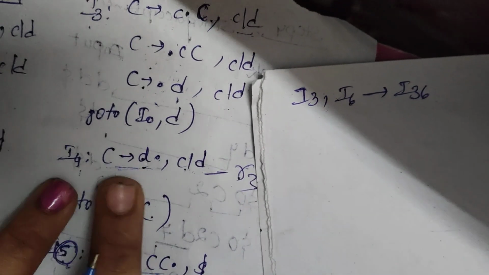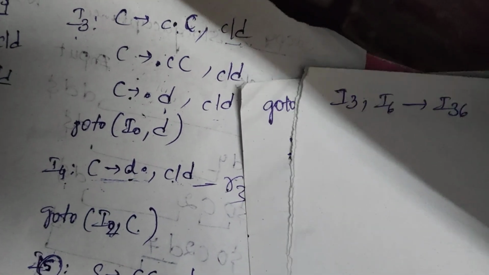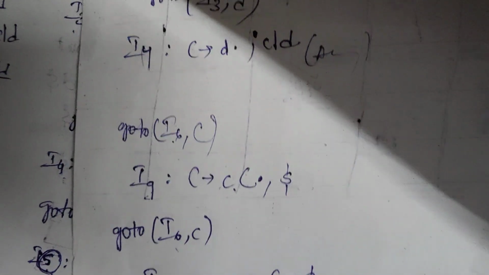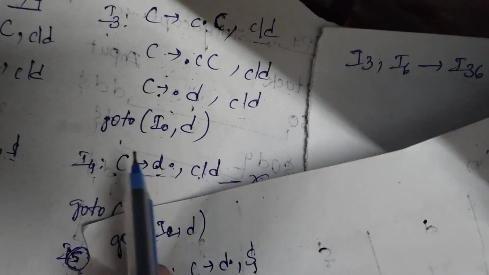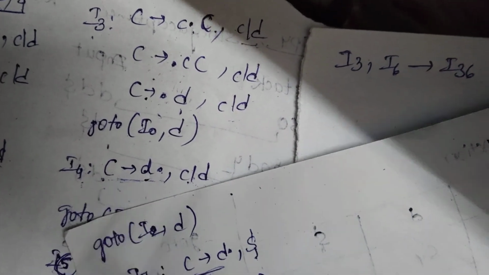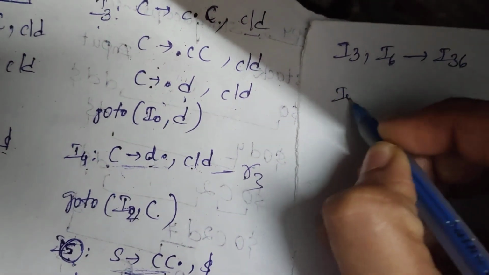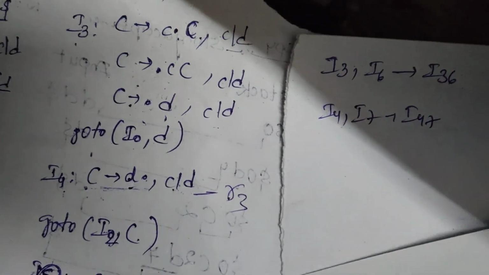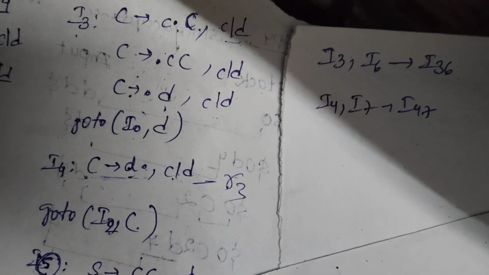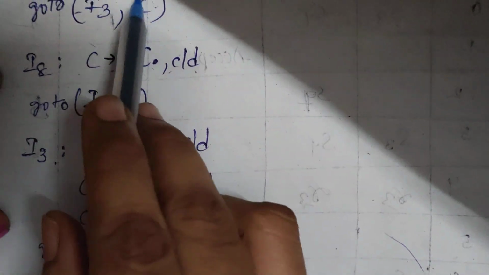Now next, anything else? Check 4. Do we have this 4 anywhere else? Here we have it for I7. Same productions but different lookahead symbols, 4 and 7. So I4 and I7 give I47. Now check for others also.